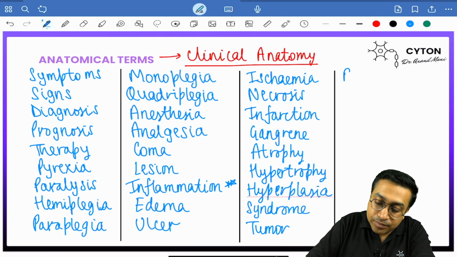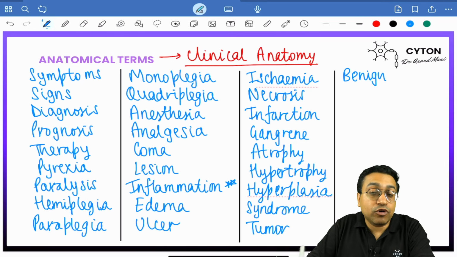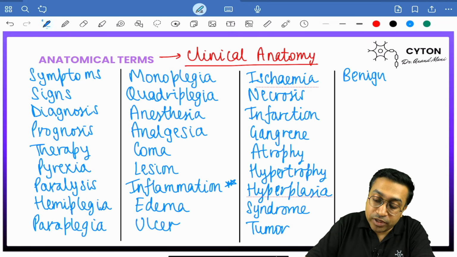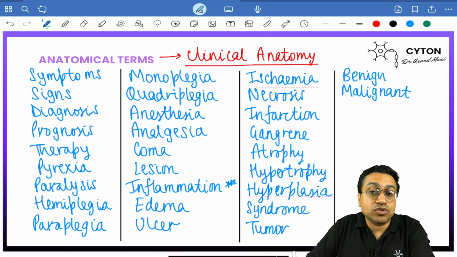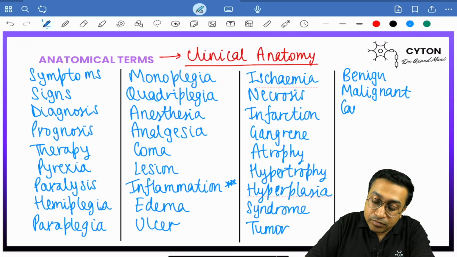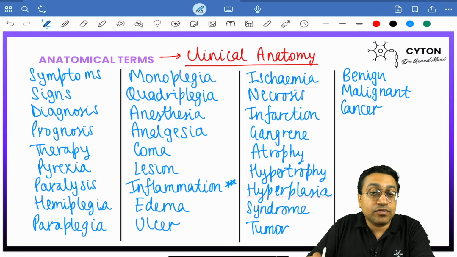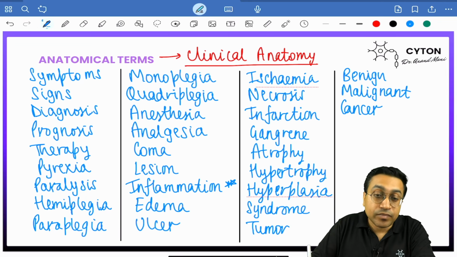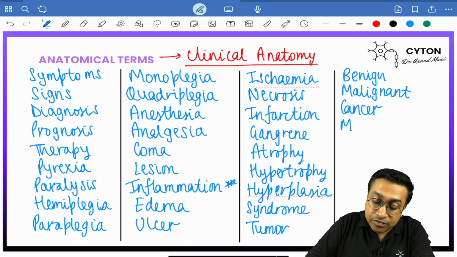Benign, that is mild form of illness or non-spreading tumor. Malignant, that is severe form of disease or spreading tumor. Cancer, malignant tumor. Then metastasis.